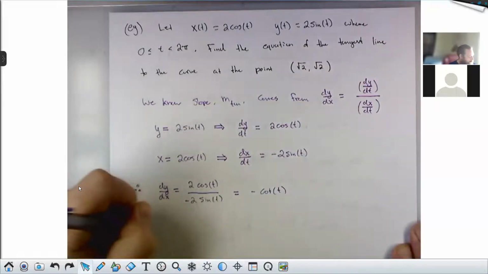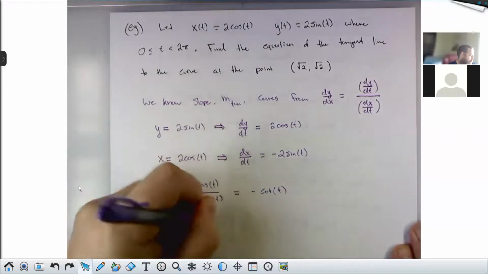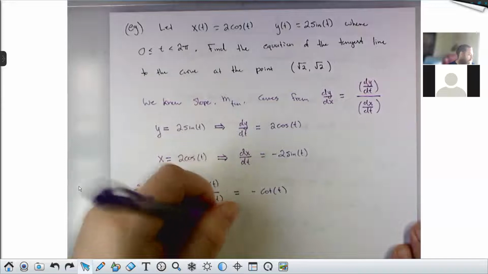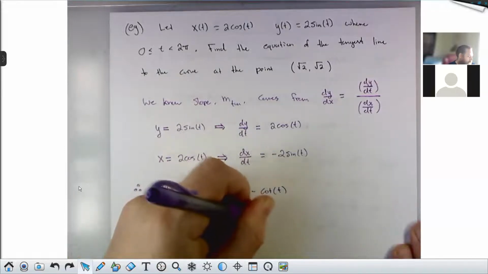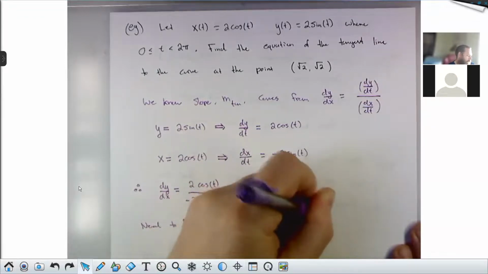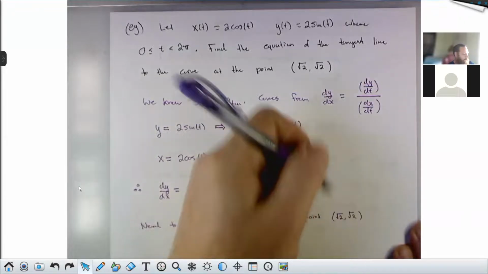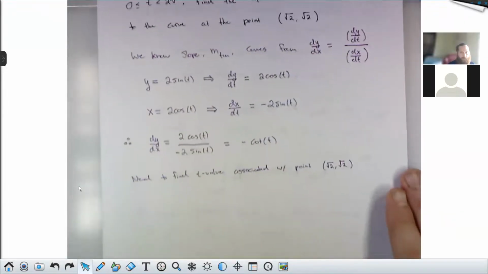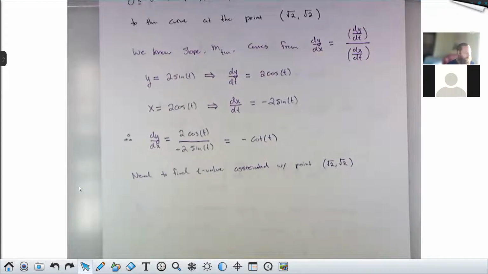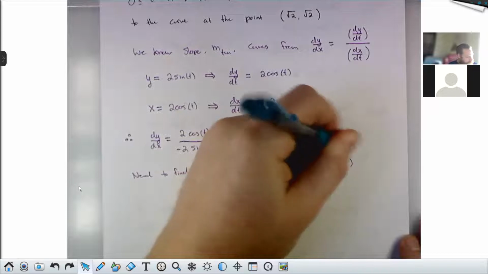So now I need to find the t value associated with the point root 2 comma root 2. I'm going to draw the curve in just a minute, but I want to show you how to find that t value even if you don't have the curve. So remember, this is an x, and this is a y.